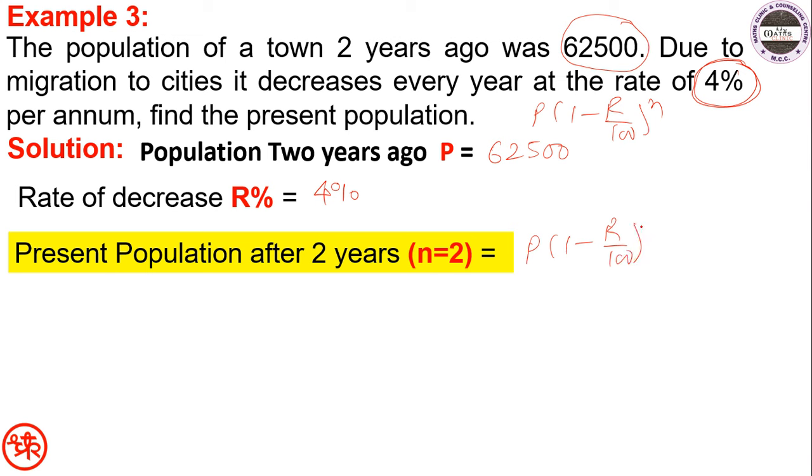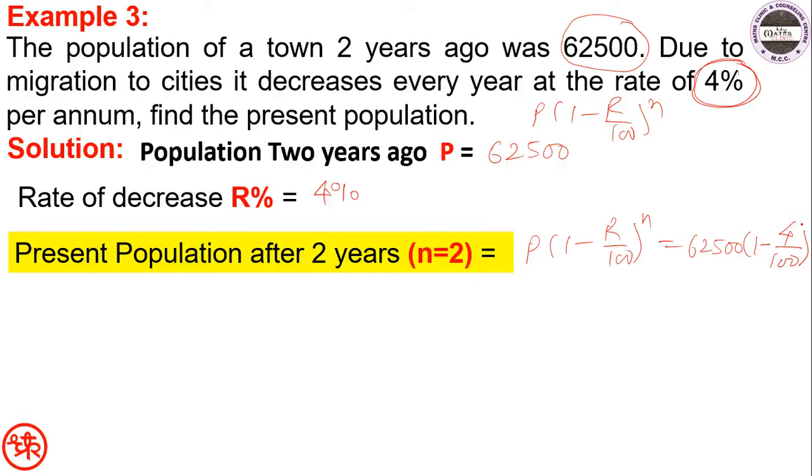by 100) raised to the power n, that is P, 62,500, (1 minus R, 4 by 100) raised to the power n, that is 2. Is that clear? So it is equal to 62,500 (1 minus 1 by 25) raised to the power 2. 4 1s are 4 and 4 25s are 100, so 1 by 25.